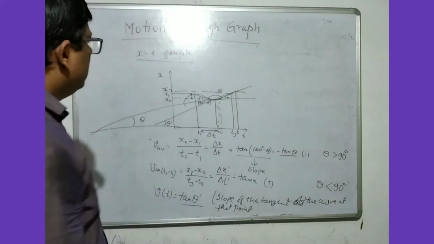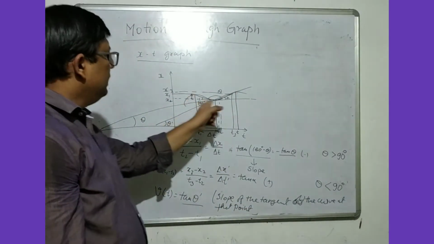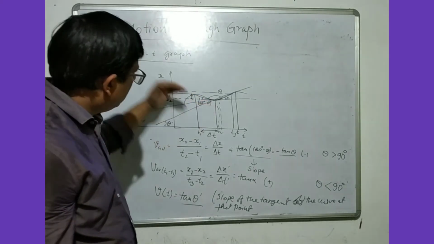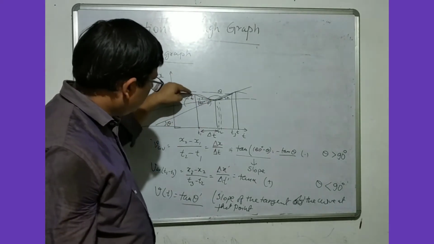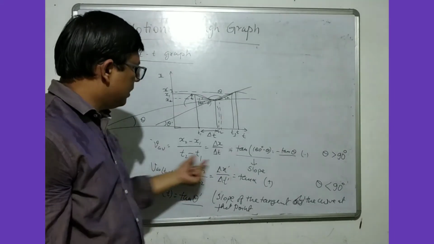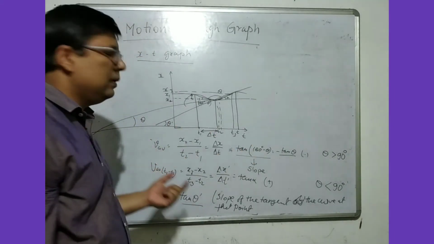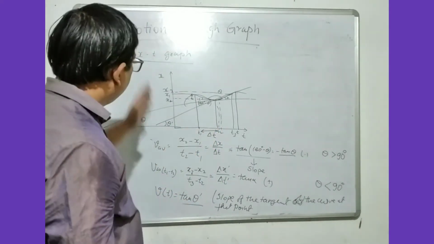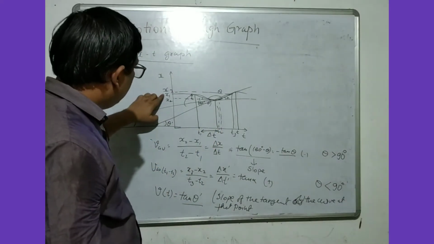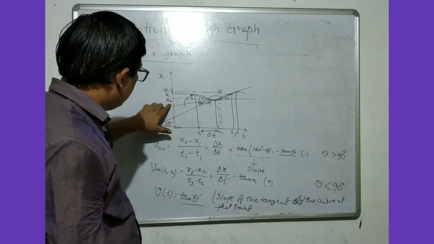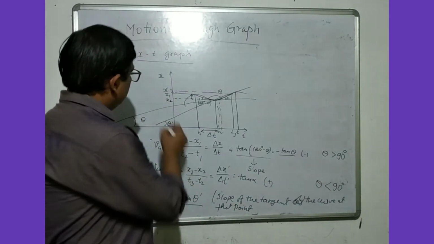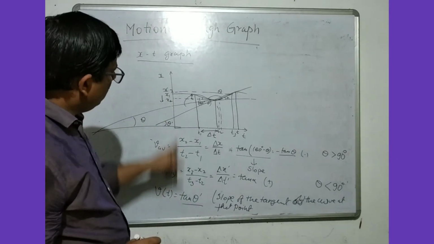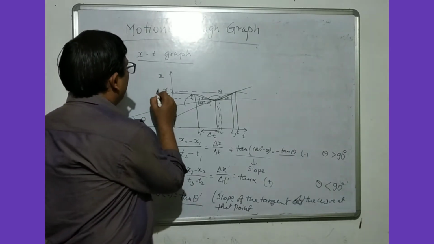Okay, so that is enough. By seeing the graph, here displacement is reducing, that's why this V average is coming negative. V average is coming negative, which means our motion is in the opposite direction of the positive x-axis. From x1 we are moving in the negative direction, and from x2 to x3 we are moving in the up direction.